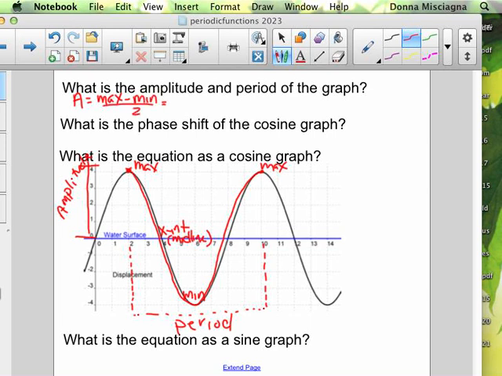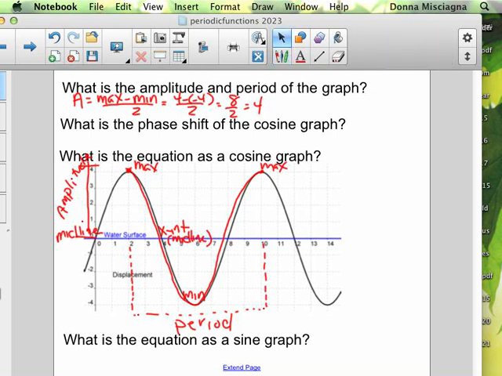So that would be 4 minus negative 4 divided by 2, which is 8 divided by 2, or 4. We can also see from the midline, the middle of the graph, to the maximum, that is indeed 4.